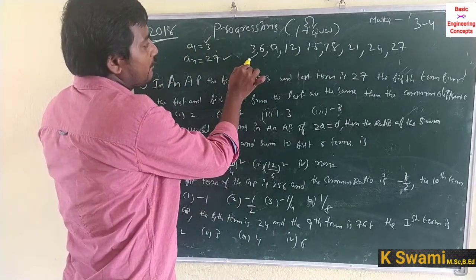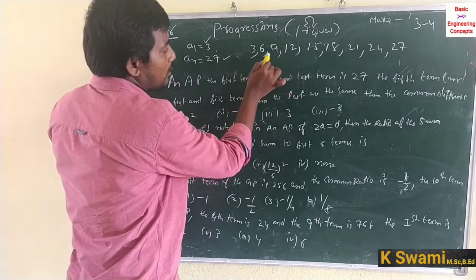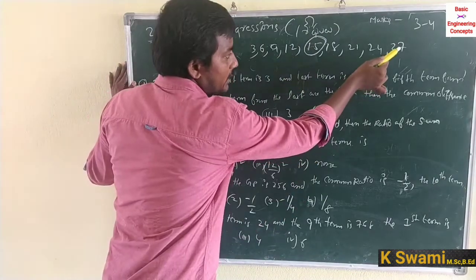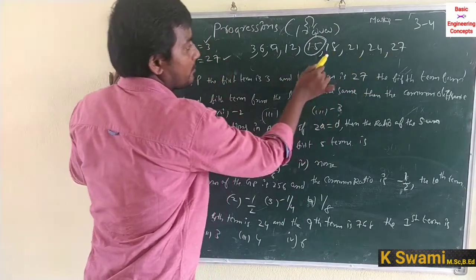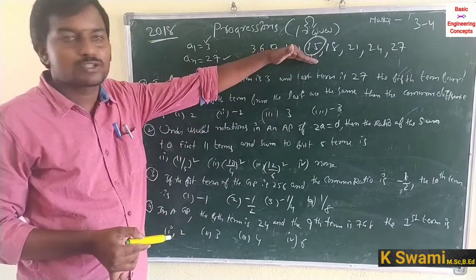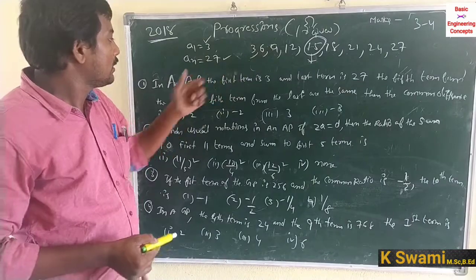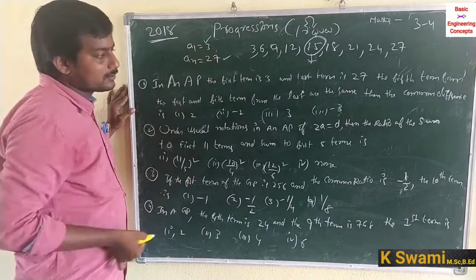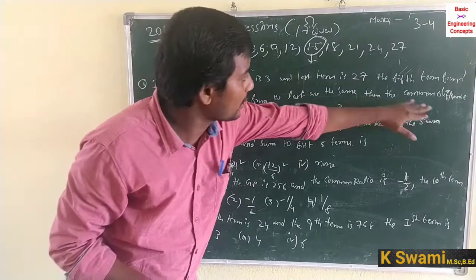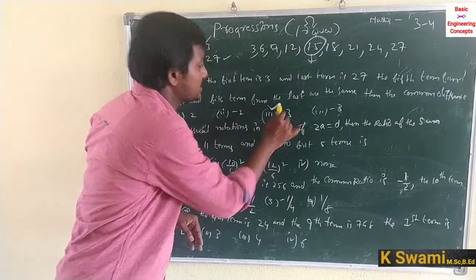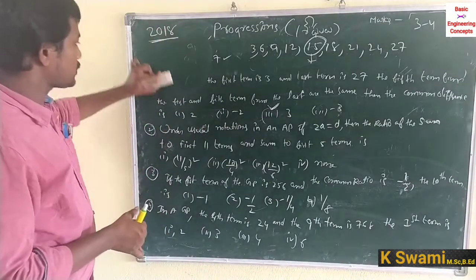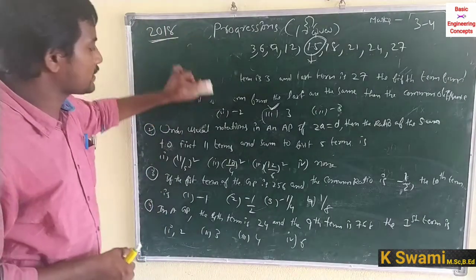The fifth term from the first, 1, 2, 3, 4, 5, is 15. And the fifth term from the last, 1, 2, 3, 4, 5, is the same, 15. So the common difference is 3. So very simple question. And the second question, 2018 from the progressions.